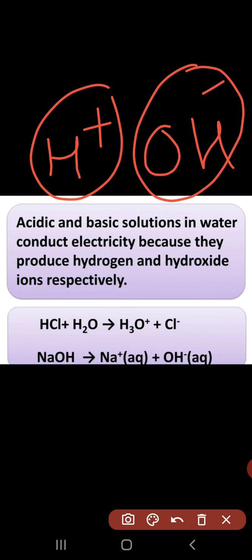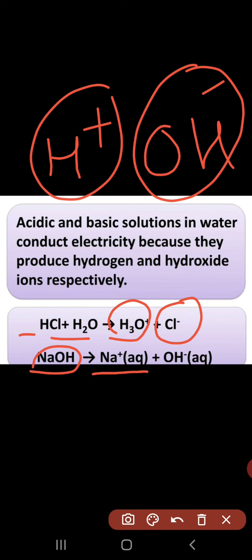Both are responsible for conduction of electricity. See, HCl reacts with water, it gives the hydronium ion and chloride ion. NaOH dissociates in water, it gives the Na plus ion and OH negative ion. Both are responsible for conduction of electricity.